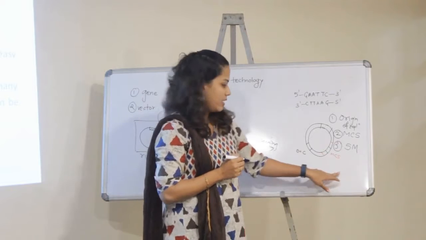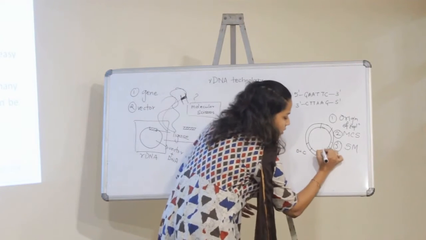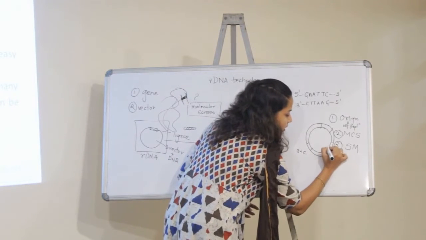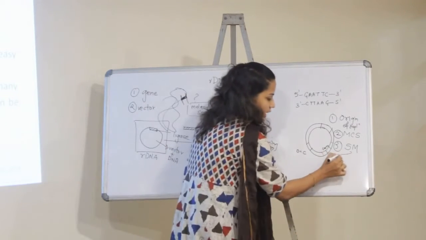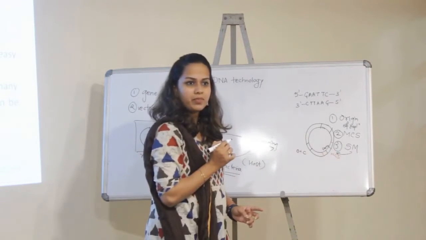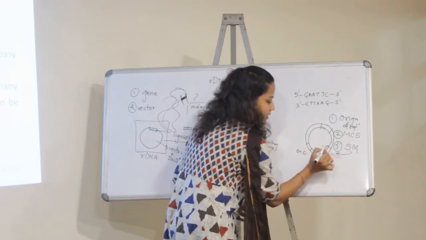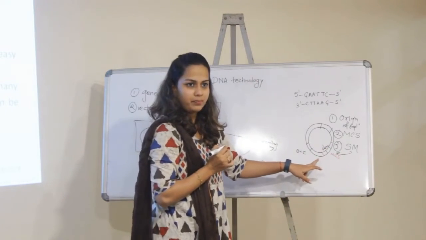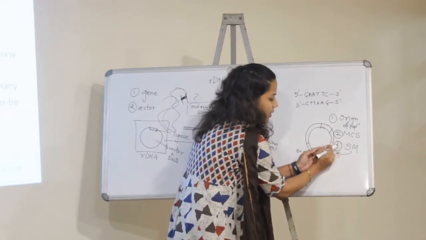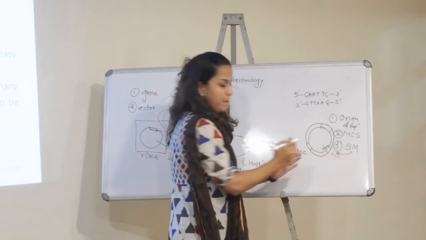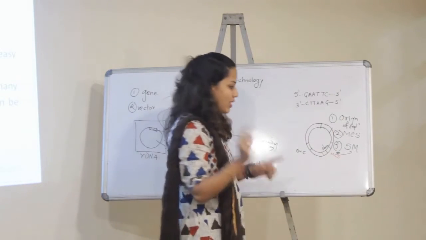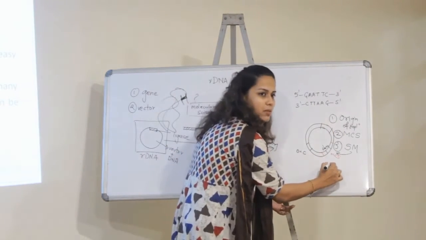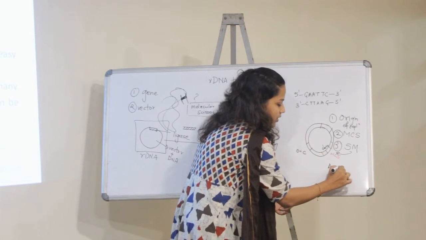So what happens is, if you have a sequence called GATTC, suppose a restriction endonuclease comes here and tries to break this particular sequence. Now your plasmid is open, but it has also broken the sequence which was responsible for antibiotic resistance.